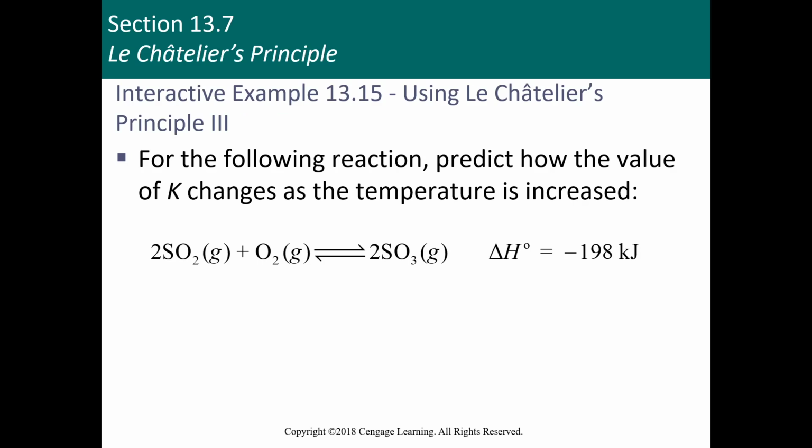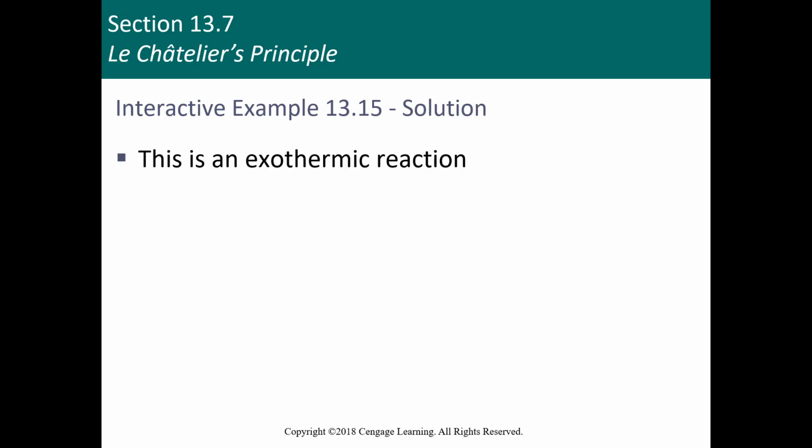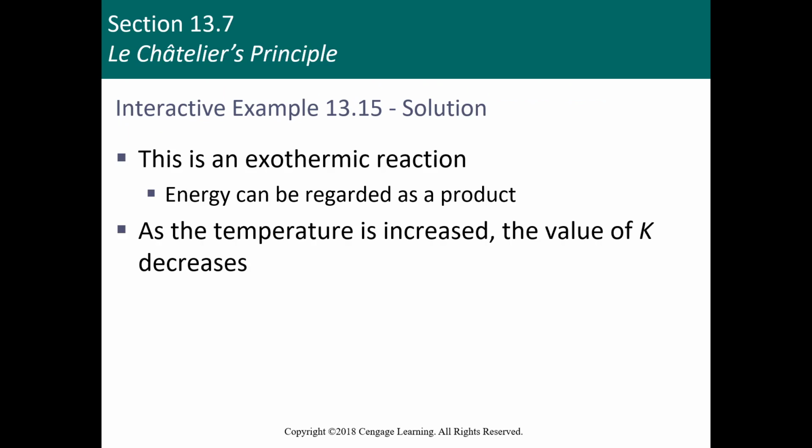So let's try this out a bit. For the following reaction, predict how the value of K changes as the temperature is increased. This negative value of delta H means this is exothermic, and that means you're releasing energy, right? And so energy would be a product. As the temperature is increased, your value of K is going to decrease.